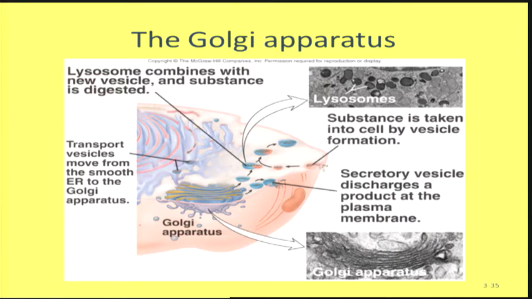You are seeing the saccules being formed in the form of curved tunnels. At the bottom right, the electron micrograph is shown. The transport vesicles move from the smooth ER to the Golgi apparatus. Lysosome combines with the new vesicles and the substance is digested.